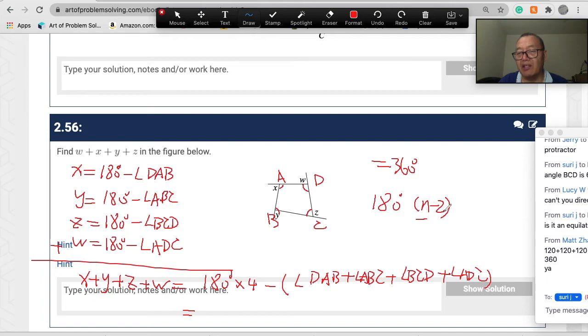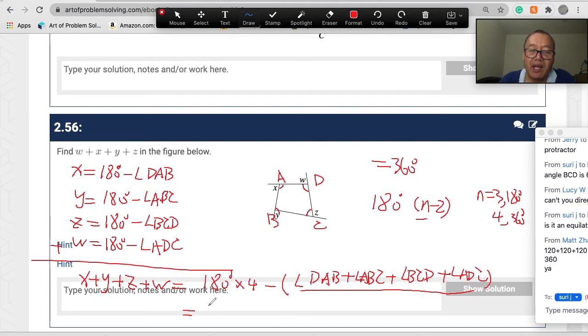So 3 minus 2 is 1, 1 times 180, you get 180 degrees. For n equals 4, 4 minus 2 is 2, 2 times 180 is 360 degrees, right? So the sum of all interior angles of a quadrilateral equals 360 degrees.